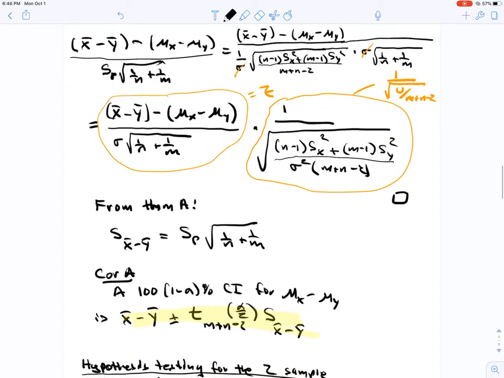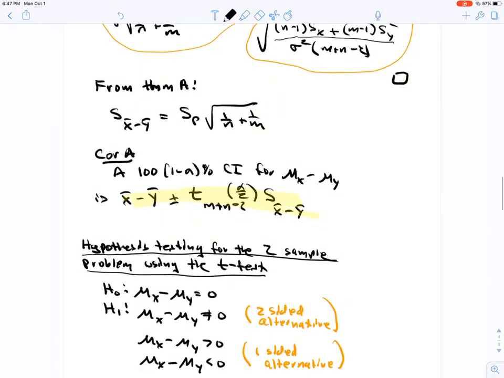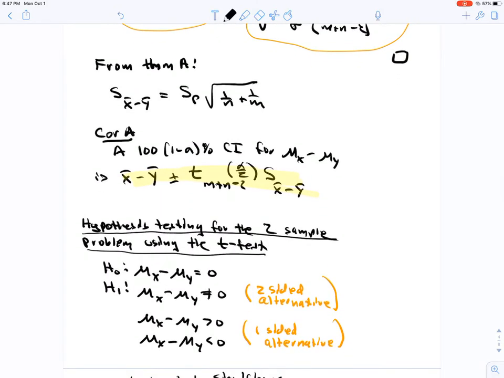So now from theorem A, we can write that the standard error, I'll denote that as s of x bar minus y bar, is the square root of the pooled variance times 1 over n plus 1 over m. So then we have a corollary that for sigma squared not known, a 100 minus alpha percent CI is given here, and notice that this involves a t distribution.